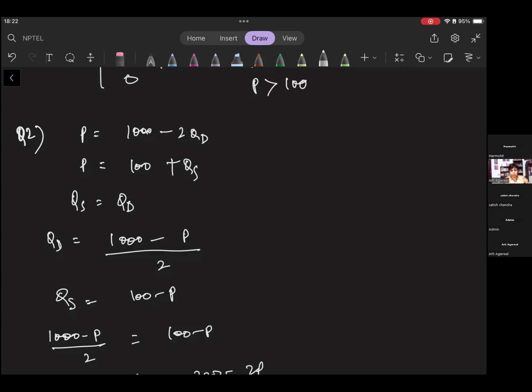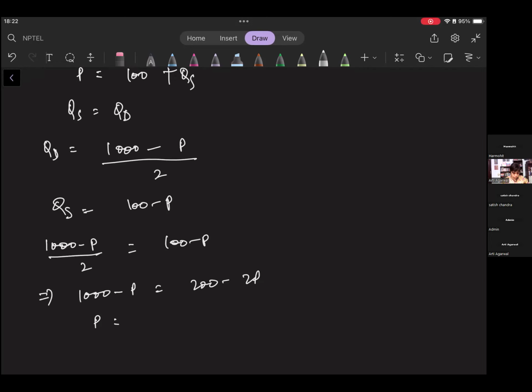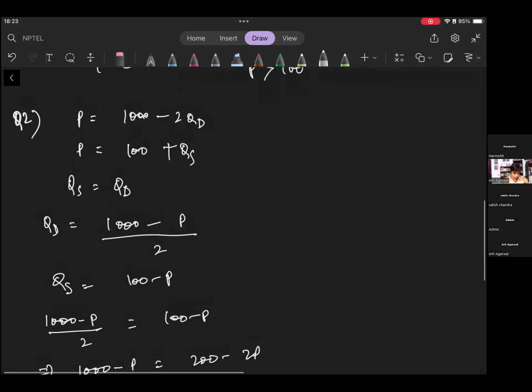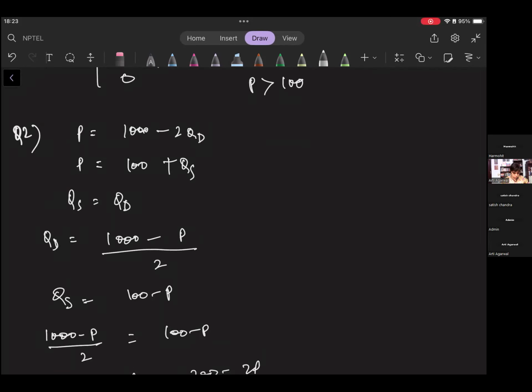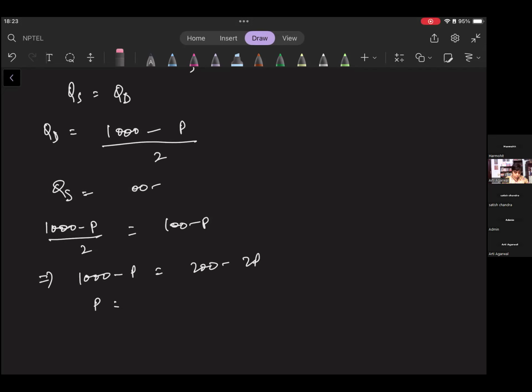Ma'am, it is 100 minus P, ma'am. You have written 200 minus P, I suppose, ma'am. No, I've written 200 minus 2P, which is 2 taken to the side. Okay. I have done something wrong. Hang on.